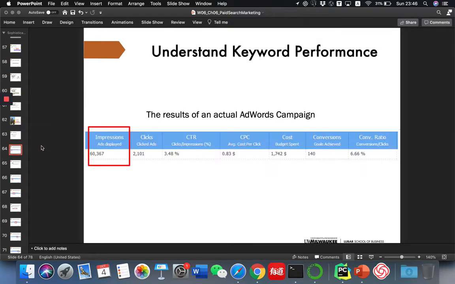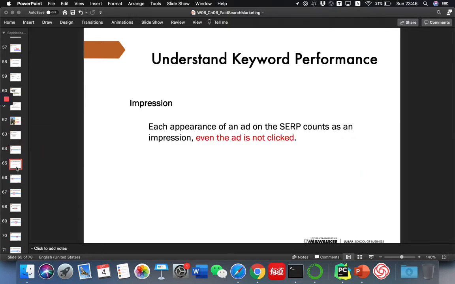First of all, the impressions, I think we already covered in the previous chapter. It means each appearance of an ad on the search engine result page counts as an impression, even if the ad is not clicked. Only if it is shown, the number of impressions will be added.